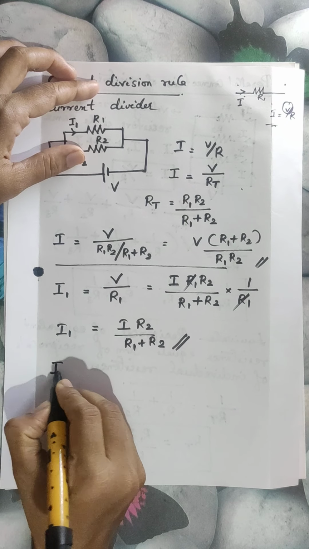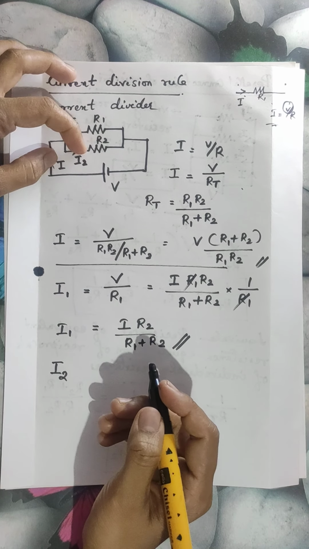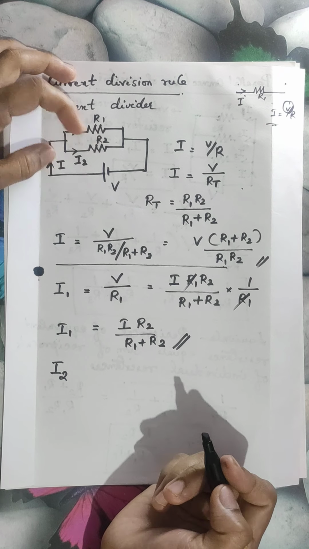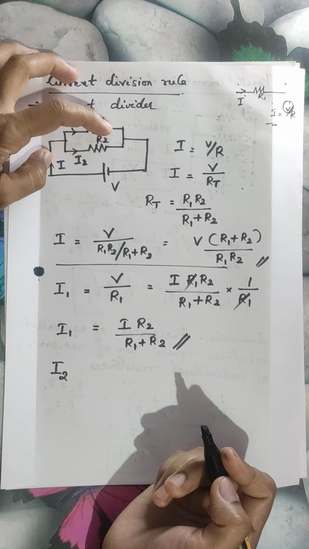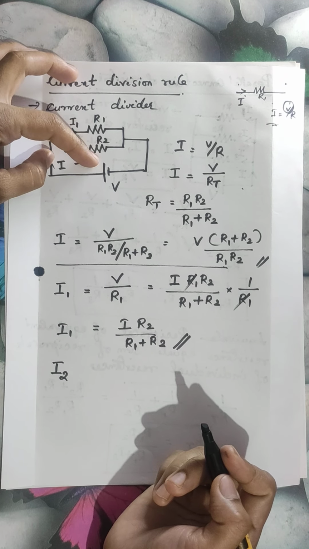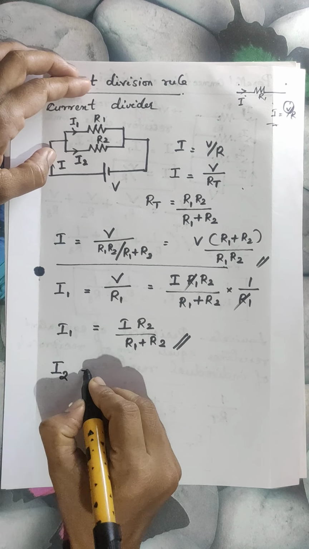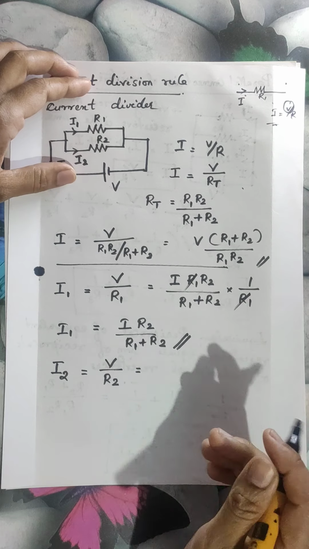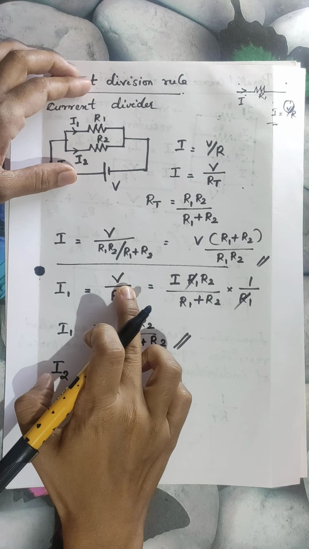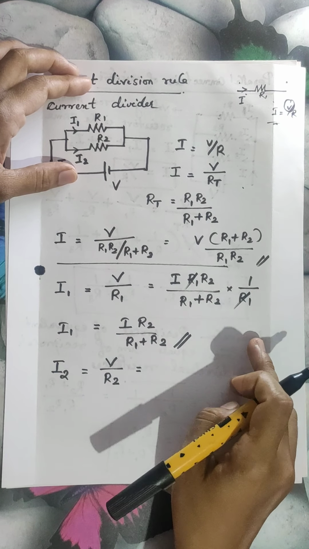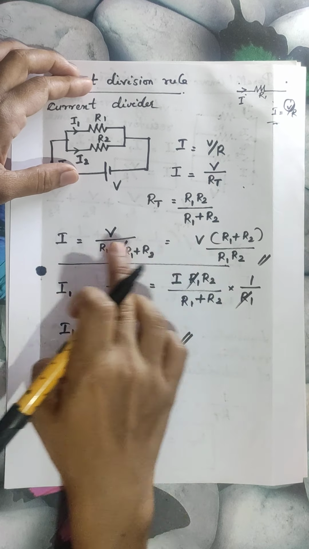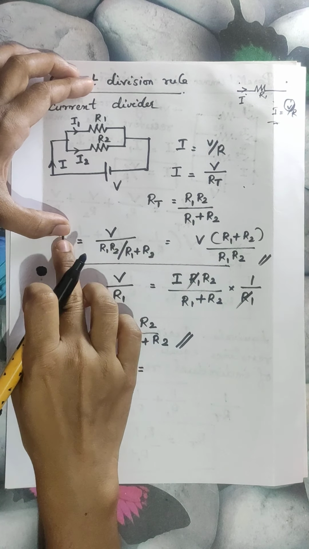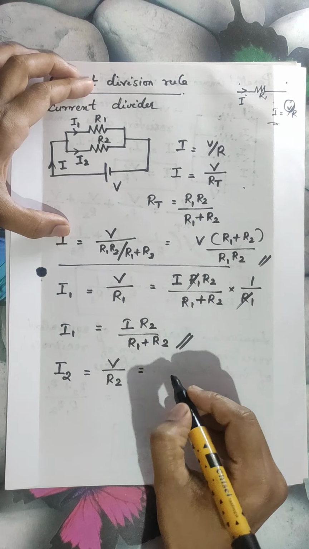Now let us calculate I2, and I2 is the current flowing through R2. It will be equal to voltage across R2 divided by R2, V by R2. So I2 is equal to V divided by R2, and we can write V from this equation as I into R1 R2 divided by R1 plus R2.